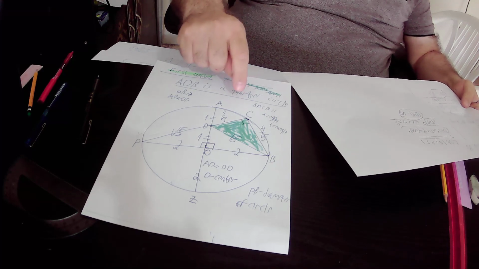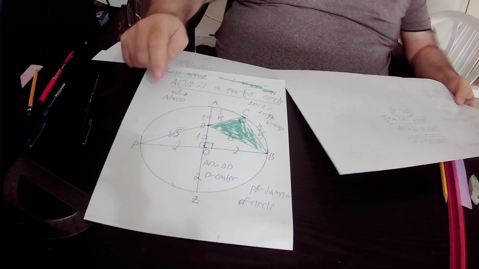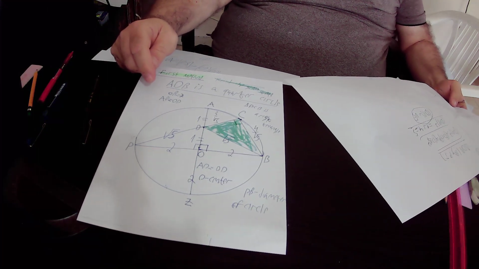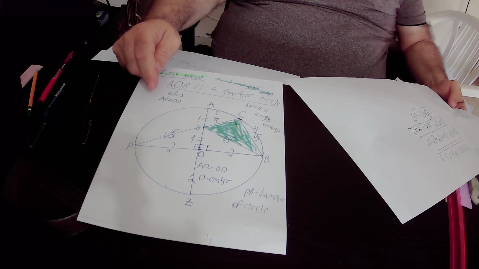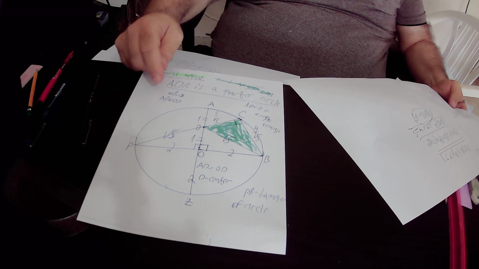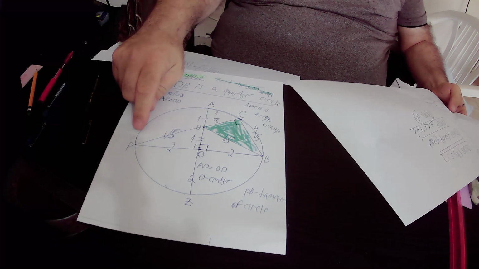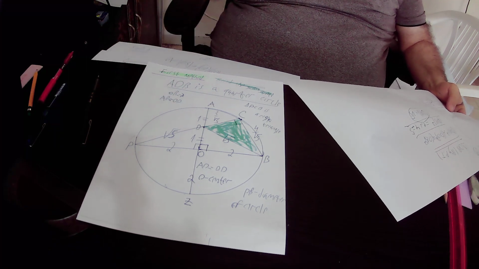Then we extended side CD by a straight line until it touches the circle, and we don't know where we touch the circle, so we assumed that side CD will touch the circle at point X, not at point P.